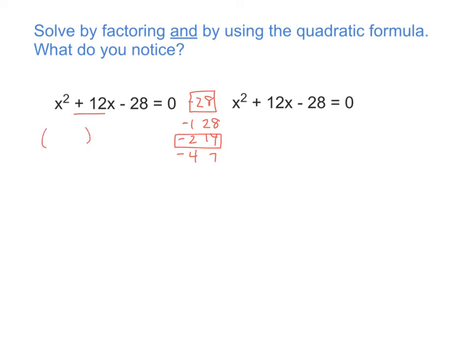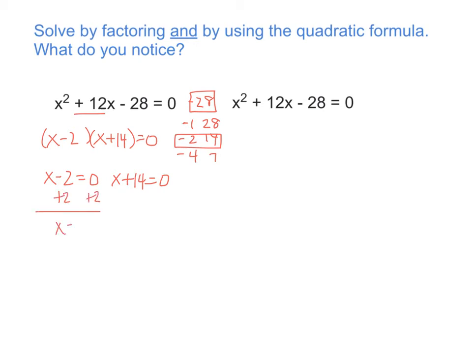So we can write our two sets of parentheses and put x here and here, a minus 2 and a plus 14. And then we can solve using the zero product property. x minus 2 equals 0, and x plus 14 equals 0, and solve them.